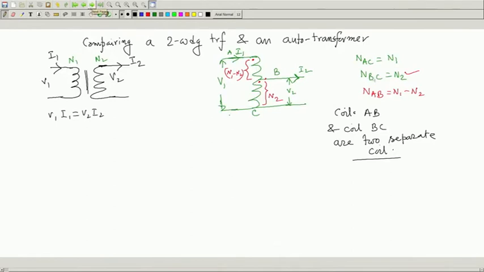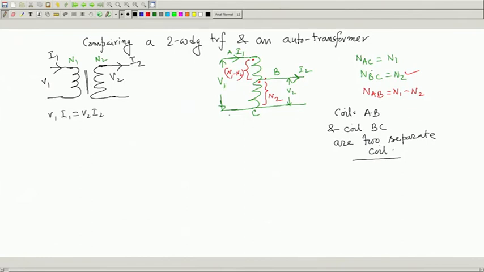Okay, if you connect some load on the secondary, and apply voltage to the primary, this coil BC is supposed to carry some current, coil AB is also supposed to carry some current, but I am sure about one thing, these two coils will carry current and they have to follow the rule of a two winding transformer.